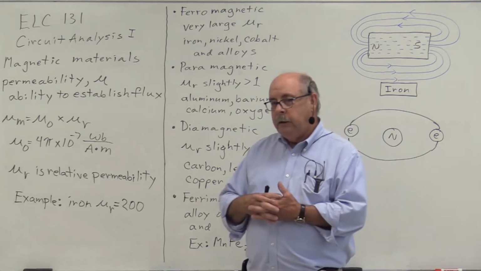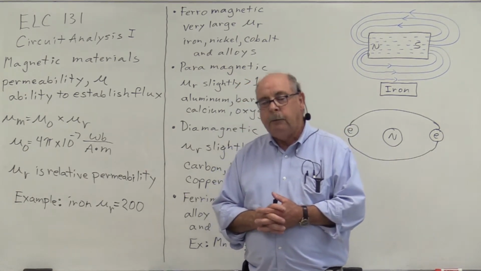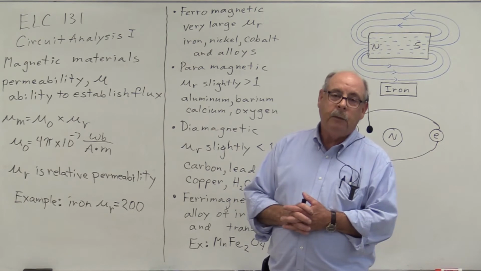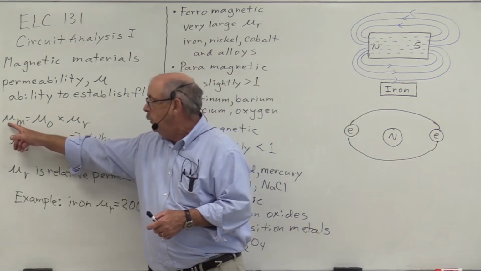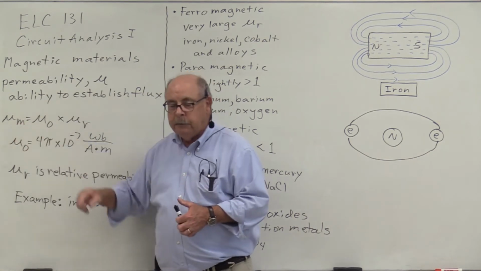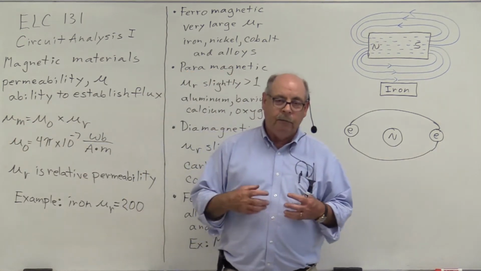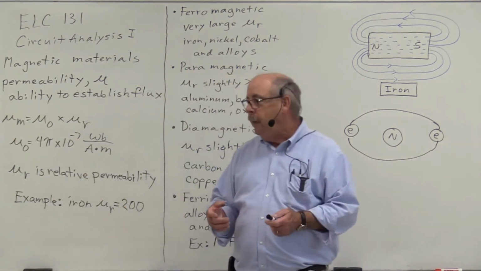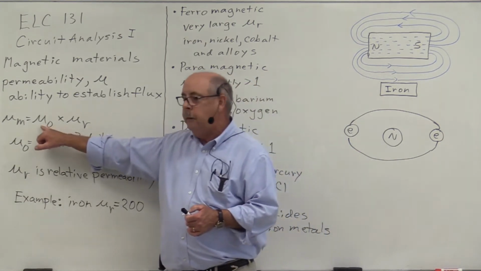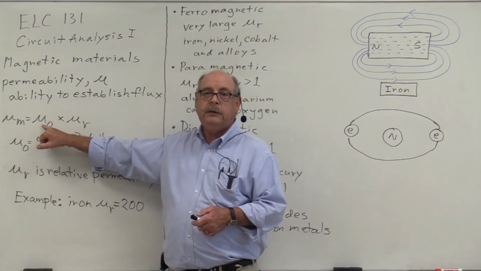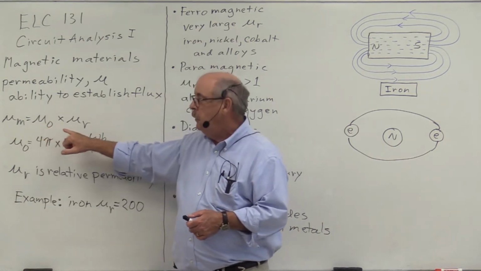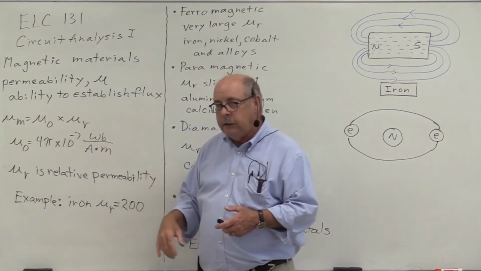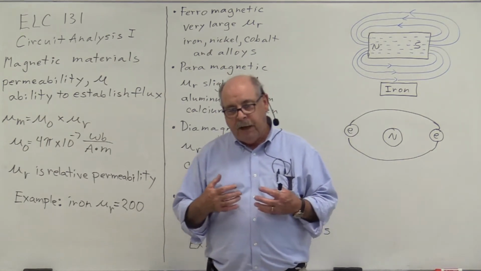Now, when we discuss or describe or quantify the permeability of a material, we use this symbology, mu sub m, to represent the permeability of that material. And mathematically, it is the permeability of free space or a vacuum, mu sub O, times some relative permeability value.